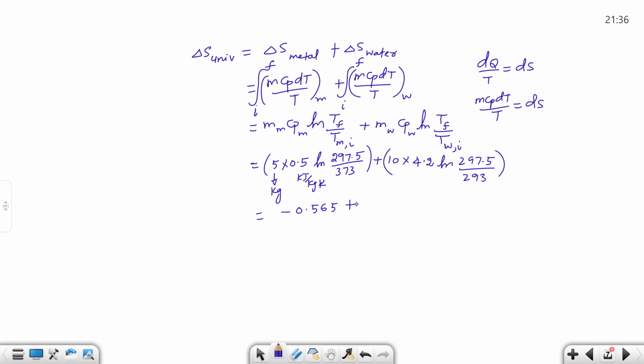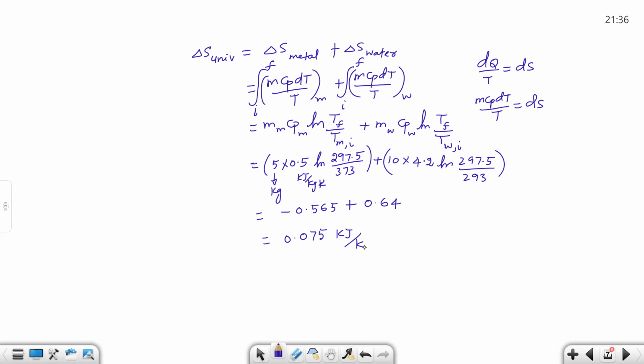So just keep that in mind. So 0.075 kilojoule per Kelvin.